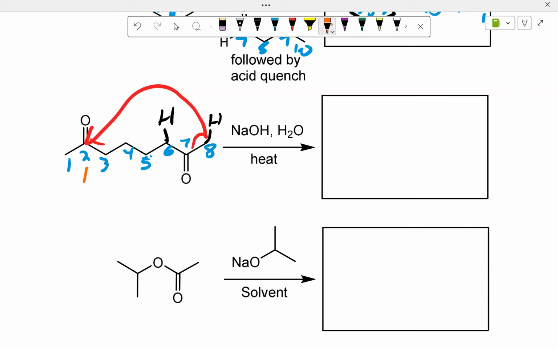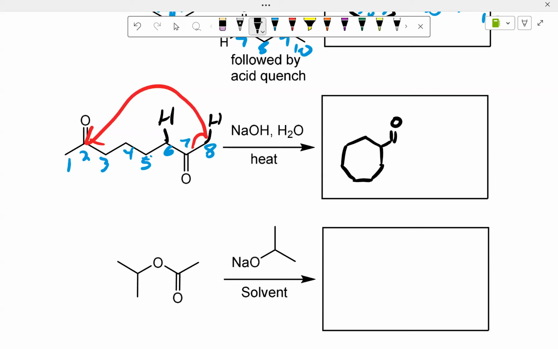There are 1, 2, 3, 4, 5, 6, 7 carbons between 2 and 8. So that would form a 7-membered ring. I hate drawing 7-membered rings. For that reason alone, I wouldn't want to deprotonate carbon 8. But let's just draw what would happen if we did that.